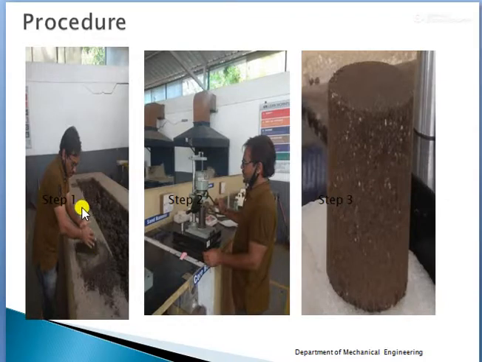Then we will prepare a sand specimen with the given dimensions, that is, the specimen size is height 50 and diameter 50 mm.